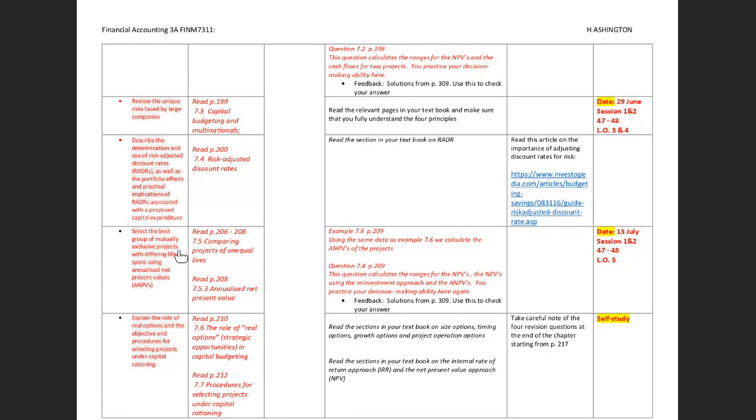All three of those cover this section over here, unequal lives and annualized net present value. So I'll have a look at example 7.6, because that basically gives us the data that we're going to work with in these three examples.